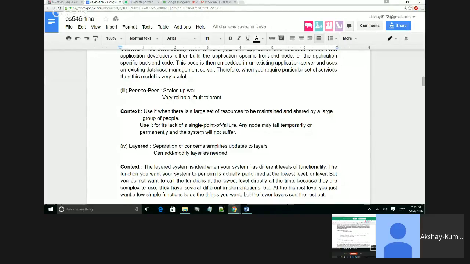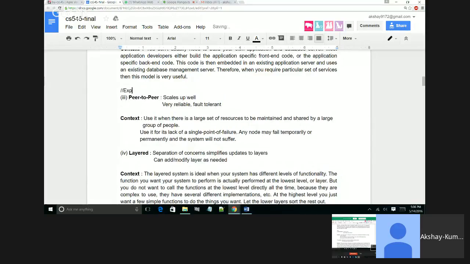You can make these two different points: very reliable and fault tolerant. I'm just asking about peer to peer. You have two points: scales up well and very reliable, fault tolerant.